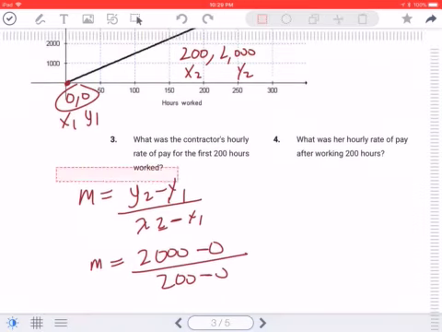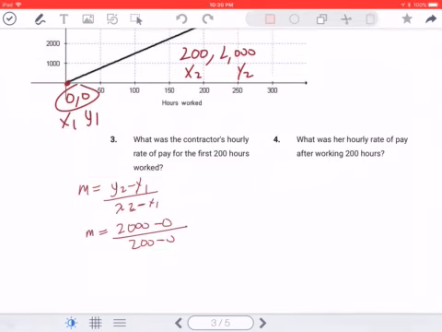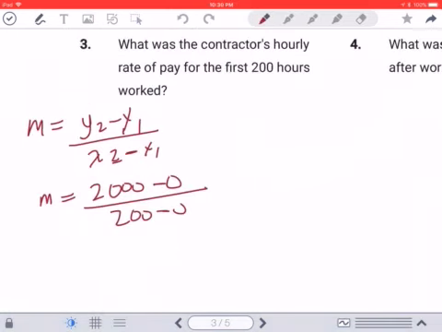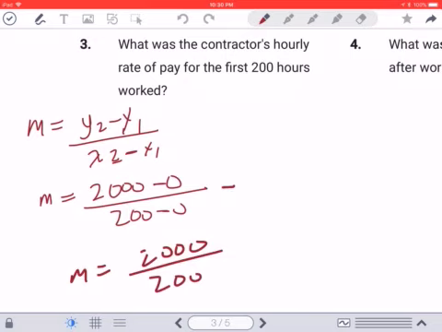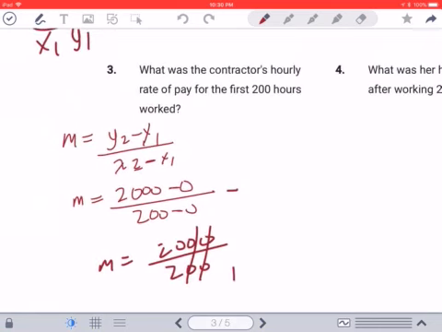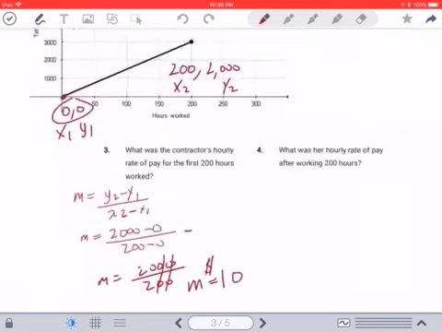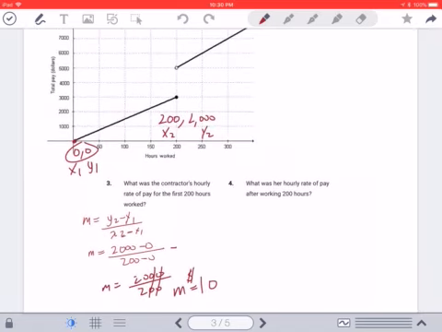Okay, so my slope here is pretty much going to be 2,000 over 200. So m equals 2,000 over 200. And if I just chop this off here, I get 20 over 2. So m equals 10. So $10 per hour for that first part.